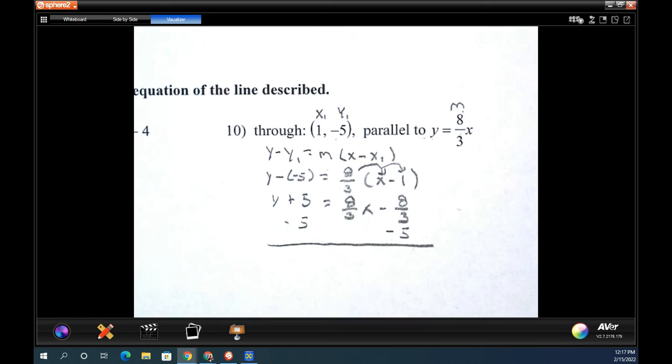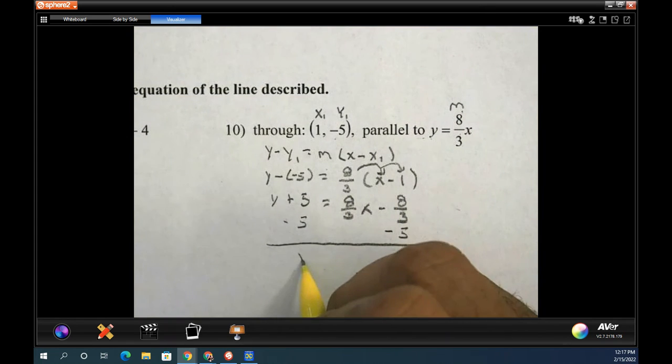Now, get your calculator. I'm going to show you how to do this on your calculator. Hit Control Divide. -8, down arrow, 3. Hit the right arrow, -5. Hit enter. What do you get? Yeah, that's it, -23/3.